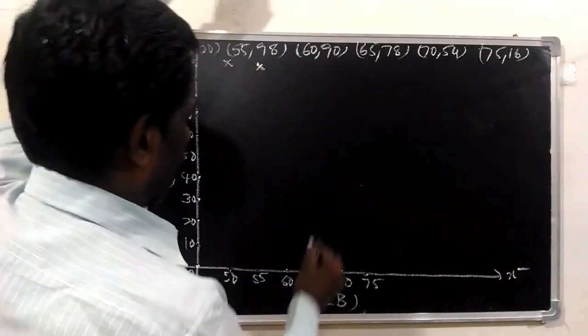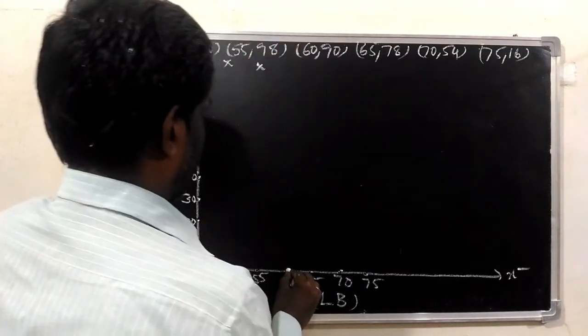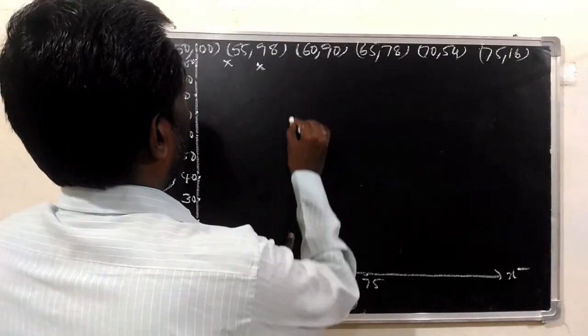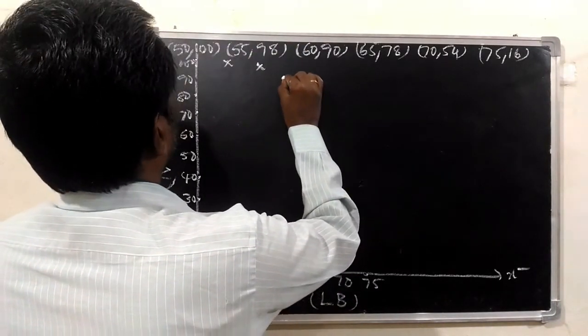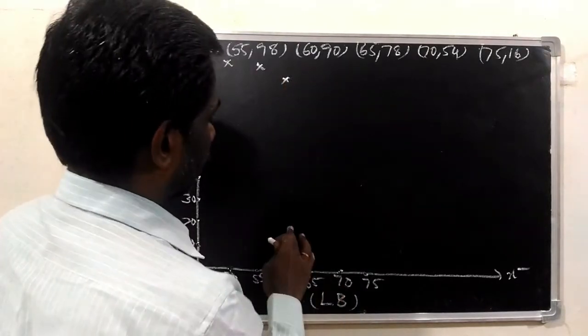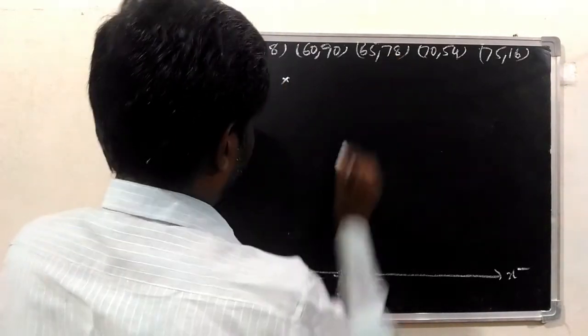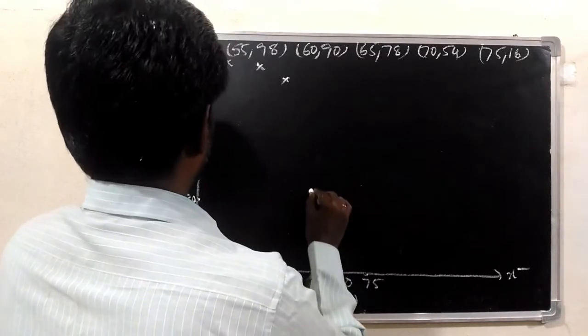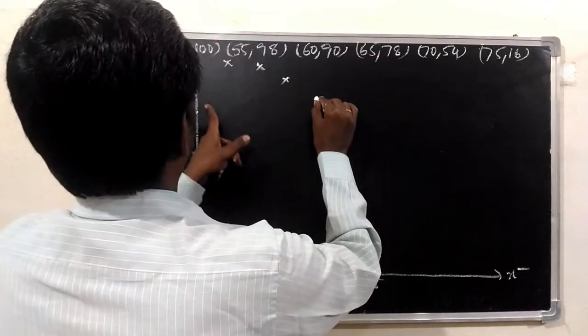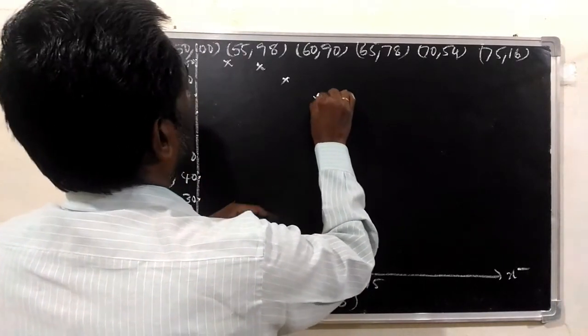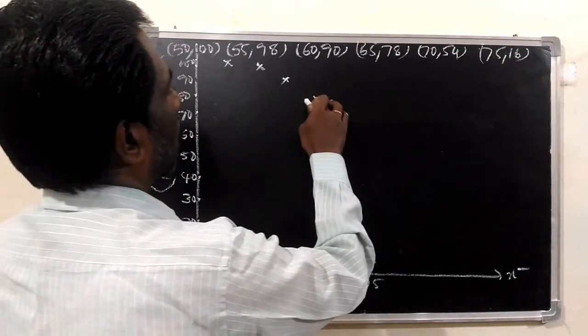Next, 60 comma 90, and 65 comma 78, which is below 80.